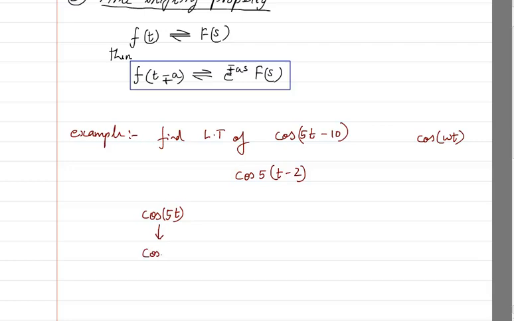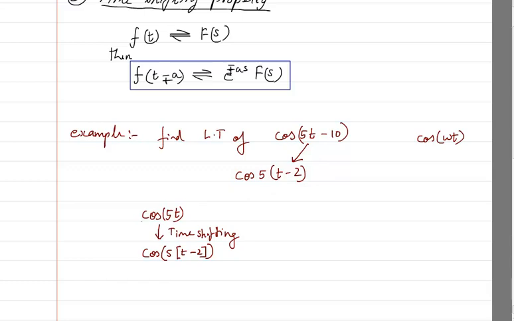I write it as cos 5, and now for t I put a bracket and say this is t minus 2. So coming from here to here, what I have done is time shifting.